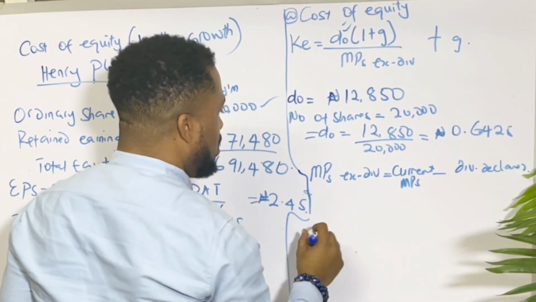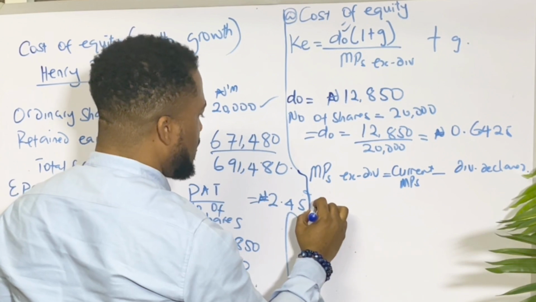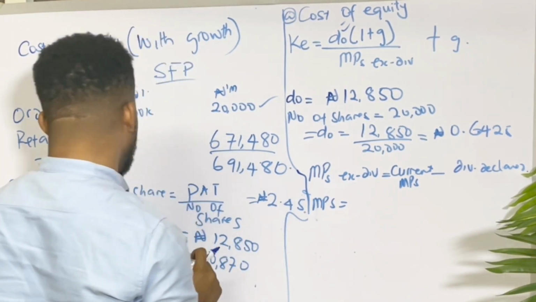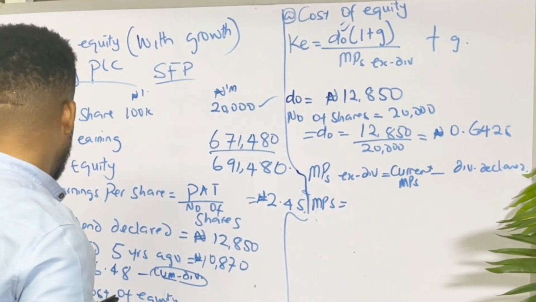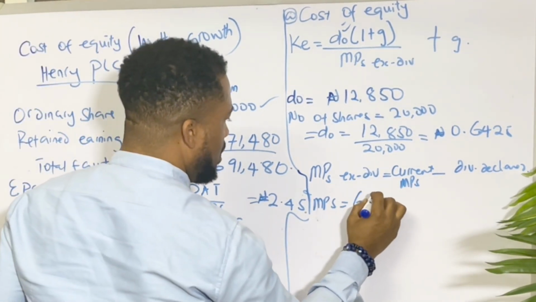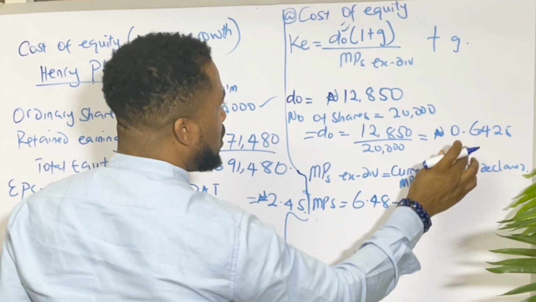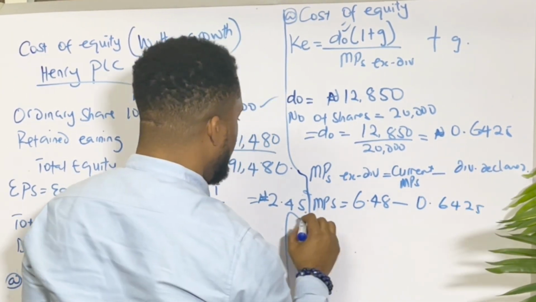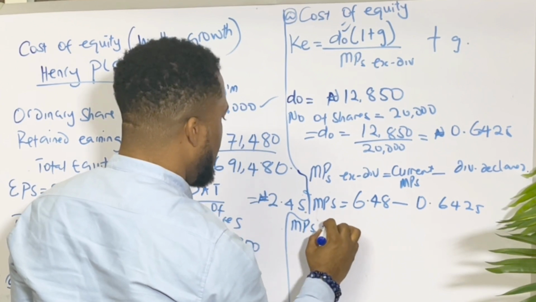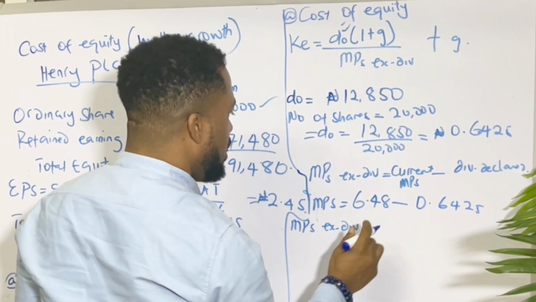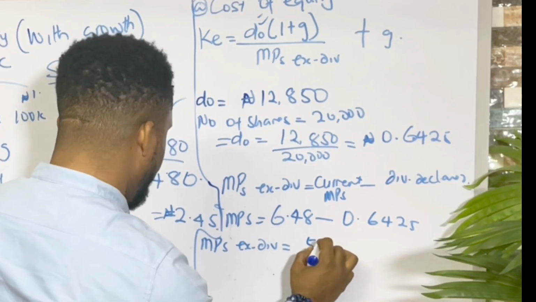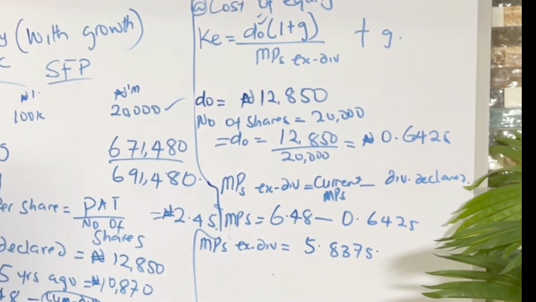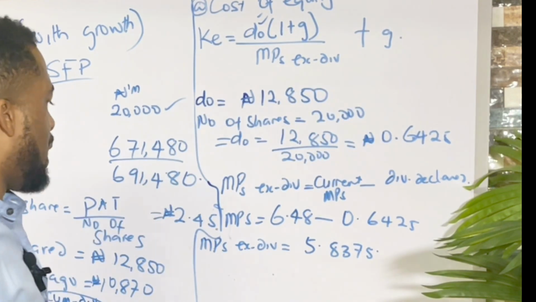The current MPS they gave to us is 6.48 minus dividend 0.6425. So our MPS ex div equals 5.8375.